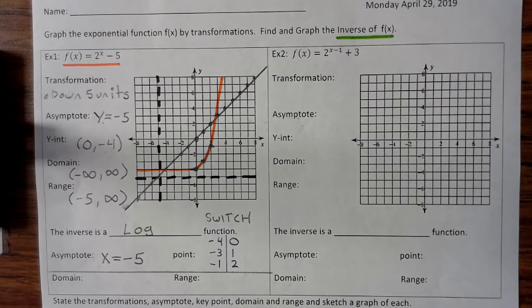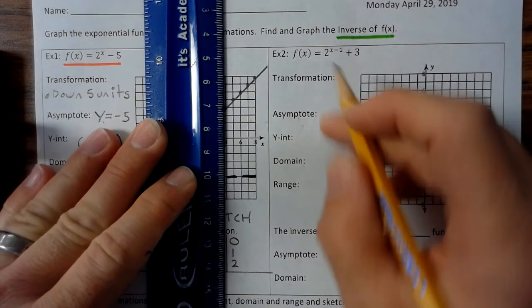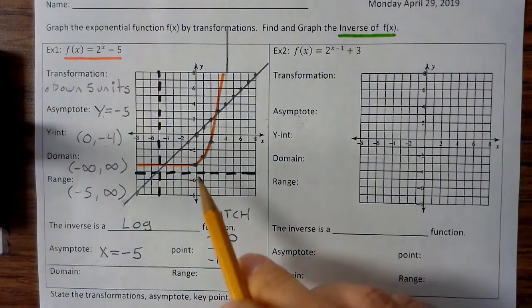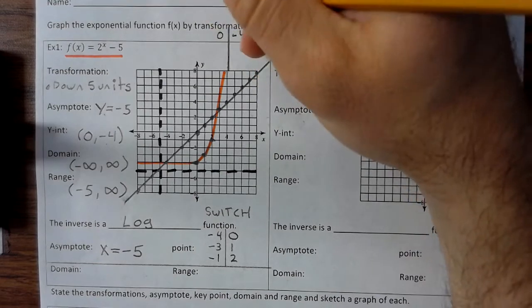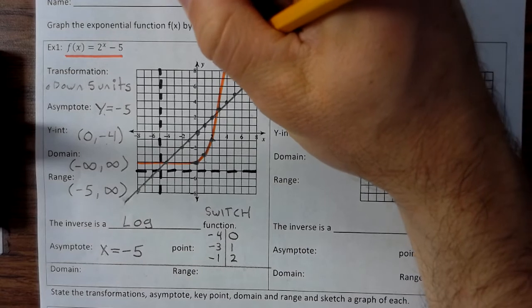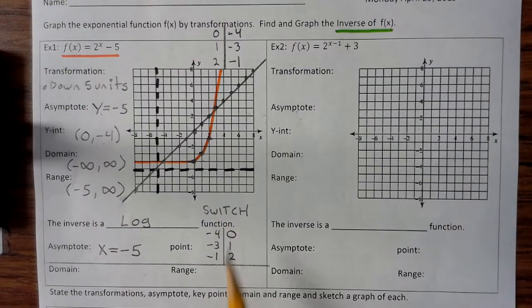Okay, and so let me just add that to here. So our original points were 0, negative 4, 1, negative 3, and 2, negative 1. So you can see here that we switch them.